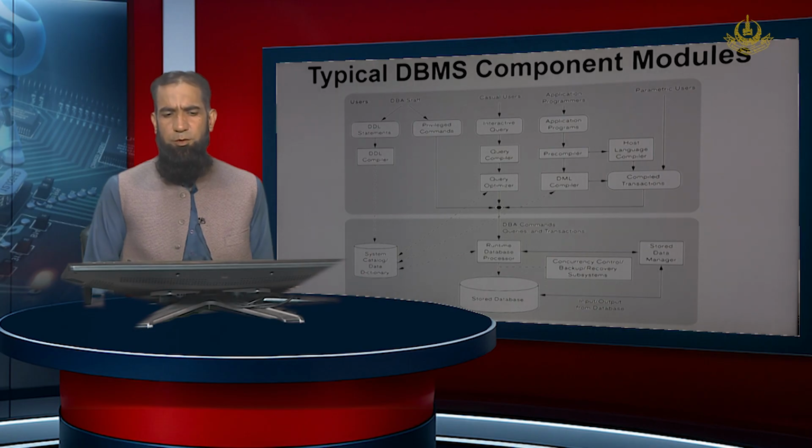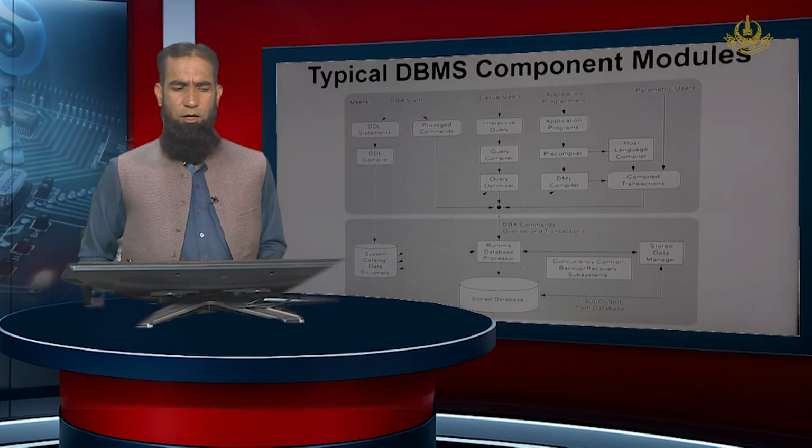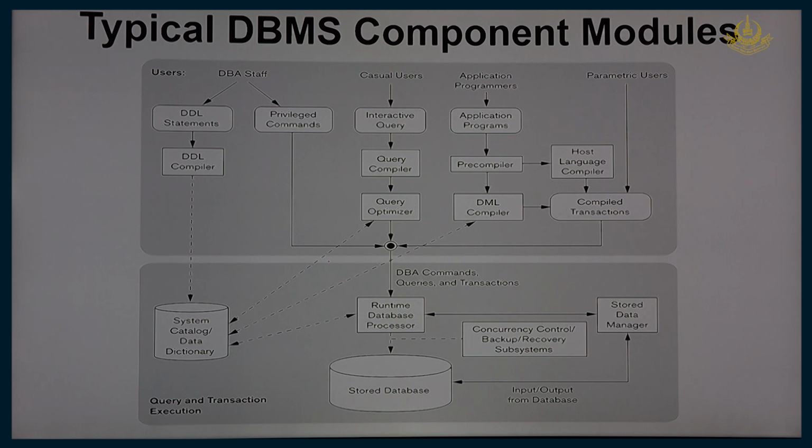Typical database management system components are, first of all we will discuss the different types of users. The first one is called database administration staff. The core responsibilities are creation. So we use data definition language statements.